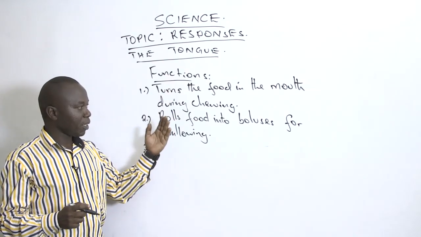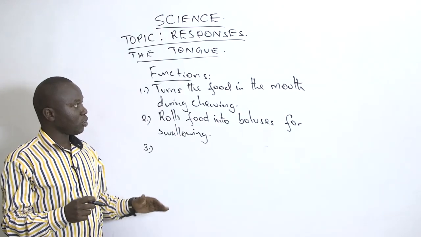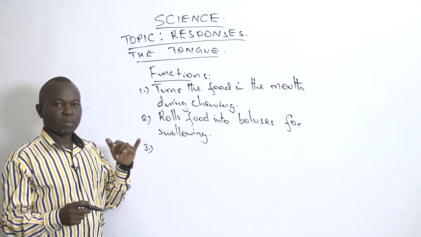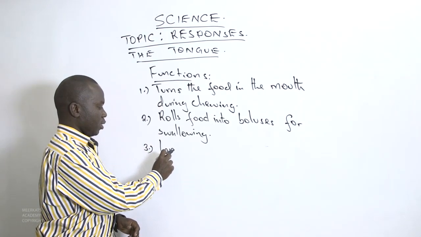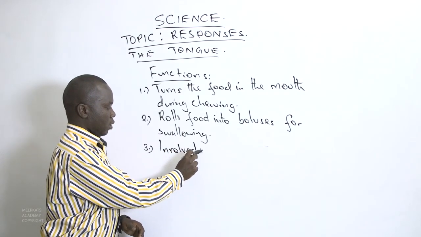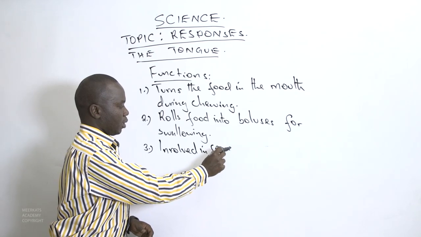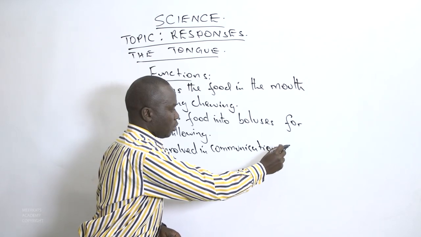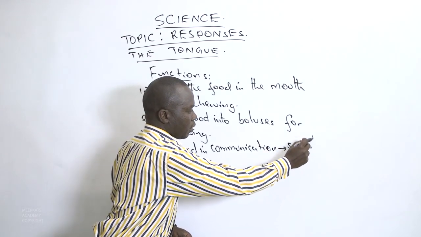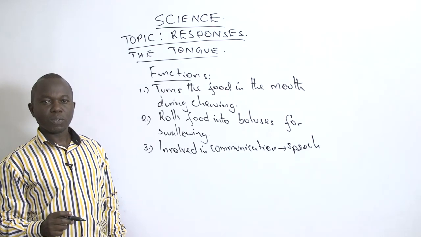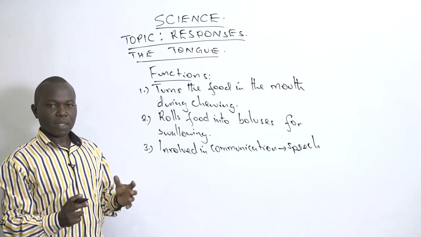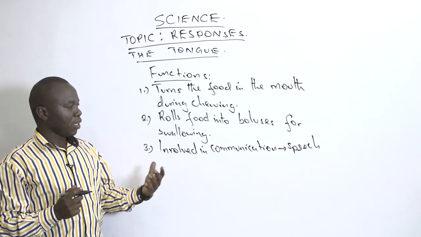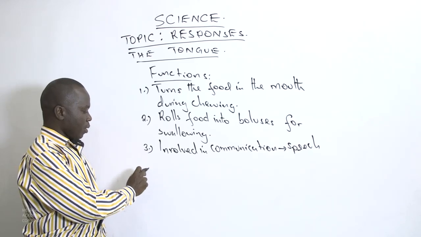So the tongue, apart from other functions that we shall mention in relation to response, is involved in communication. So the speech that we make is due to activity of the tongue in the mouth, pushing up, down, sideways, back and forth, and in the process, words come out.